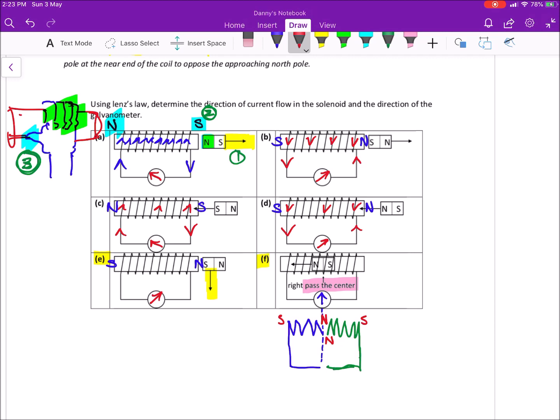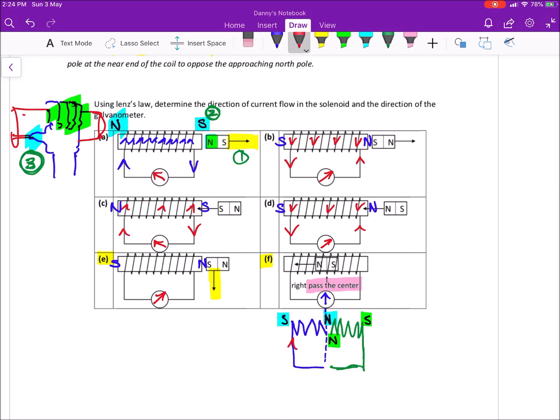So what happens is that you will see this interesting thing. Let me use colors so that you won't be so confused. The green part here are the induced poles for the right half of the solenoid. And then this blue part is the poles for the left half. If you look at the left half of the solenoid, in order to have north on the right and south on the left, the current will have to go this way, right?